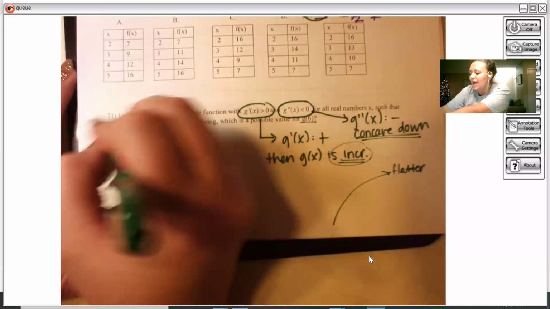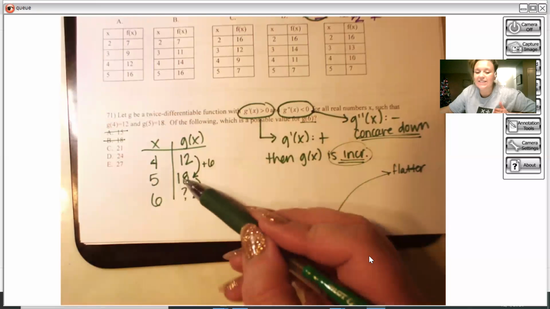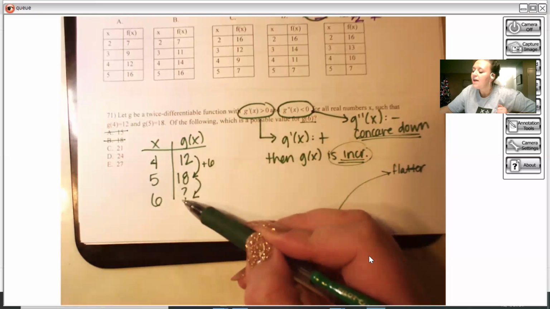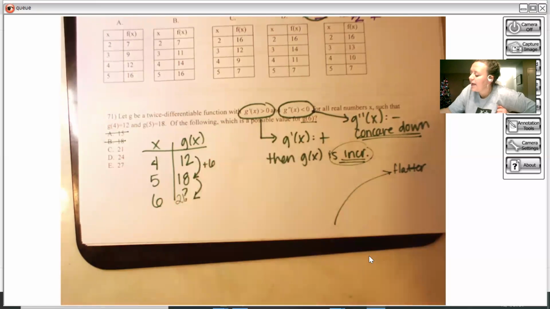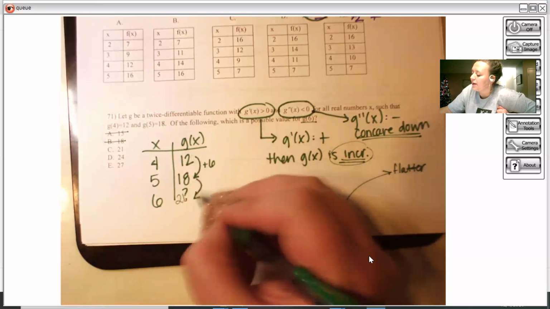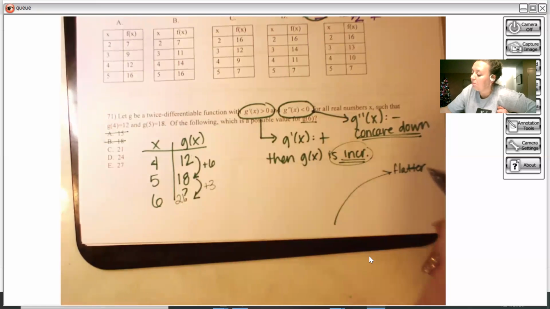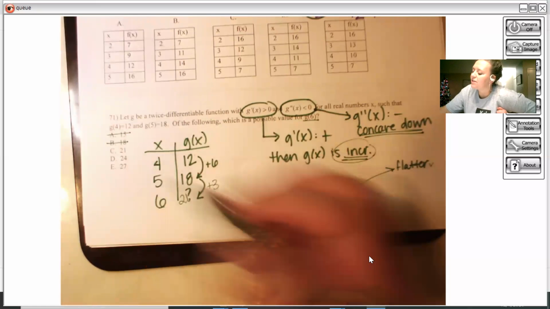So I can cross out A. If I picked 18, I'm not increasing either because I would just be staying the same, so I can cross out B. If I go to 21, my graph goes from a jump of 6 to a jump of 3. Is that getting flatter? Yes, it is. What about 24? Let's check 24 though.